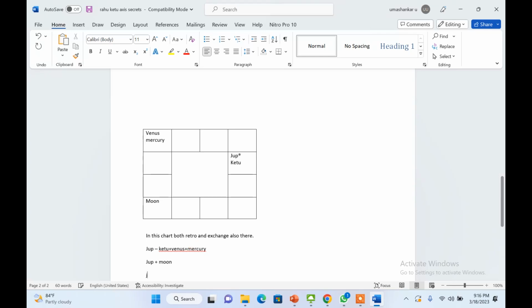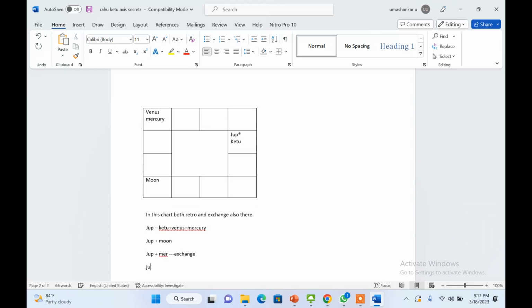That is Jupiter plus Mercury exchange. Now what happens? It is Jupiter plus Venus connection. Only Jupiter plus Venus connection.